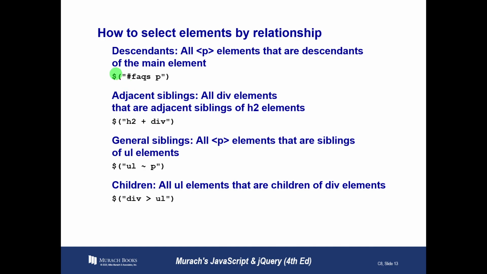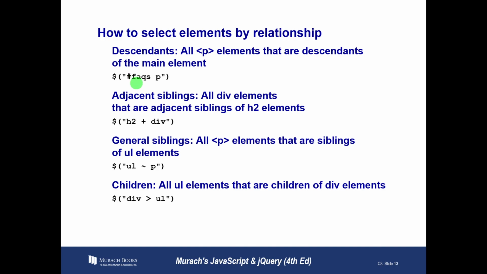We can go and start getting into those relationships that we talked about with siblings and parents and children and all those things. So we can use descendant selectors. So here's an example. Dollar function, give me all the paragraph elements that are inside the main element that has an ID of FAQs.